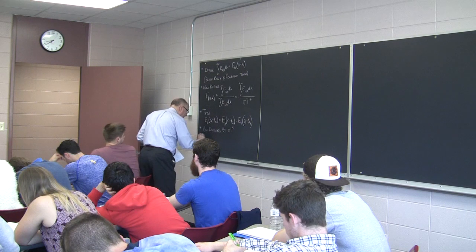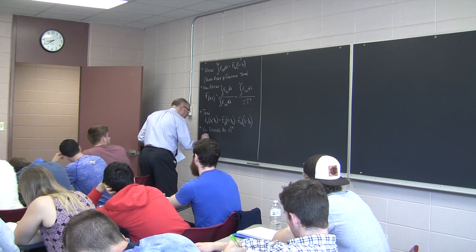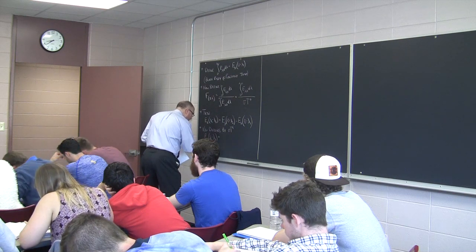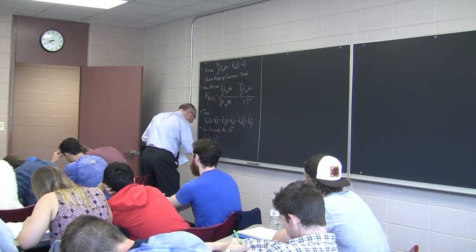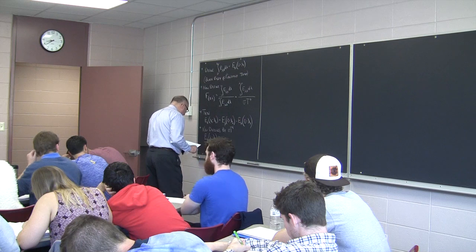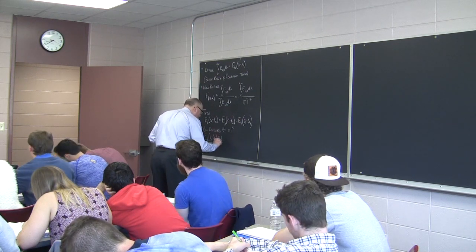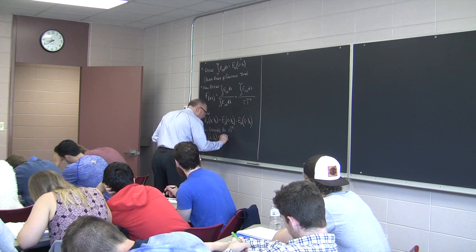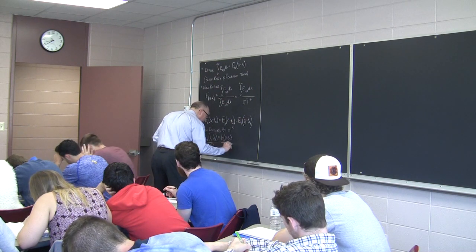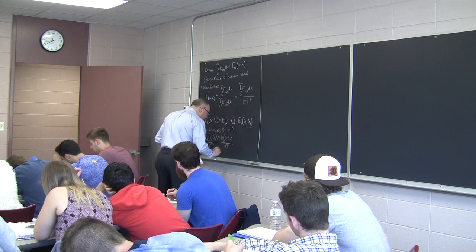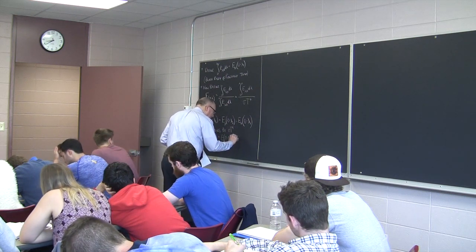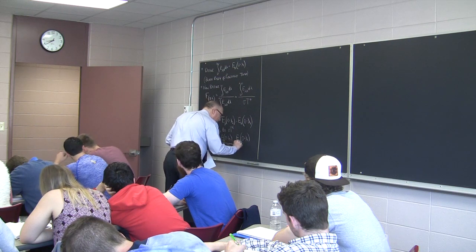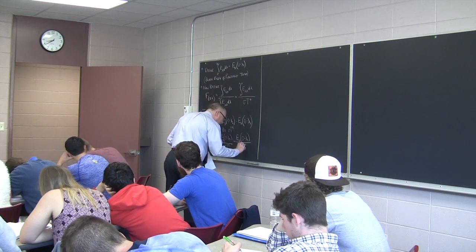So we have E_b from lambda 1 to lambda 2 over sigma T to the fourth is going to be equal to E_b from 0 to lambda 2 divided by sigma T to the fourth minus E_b from 0 to lambda 1 divided by sigma T to the fourth.